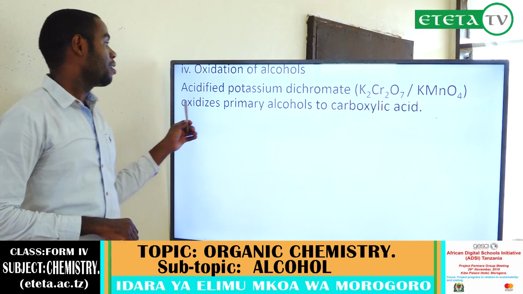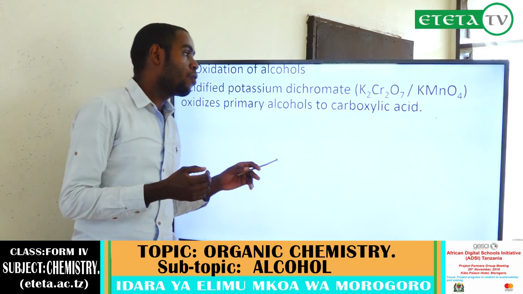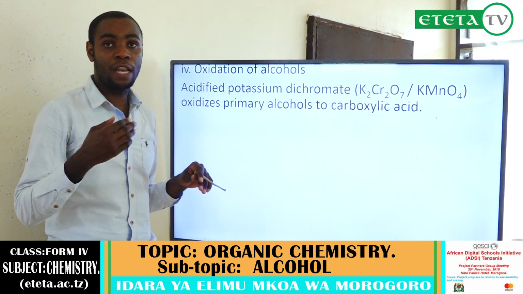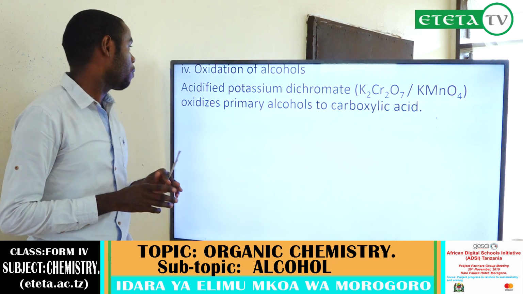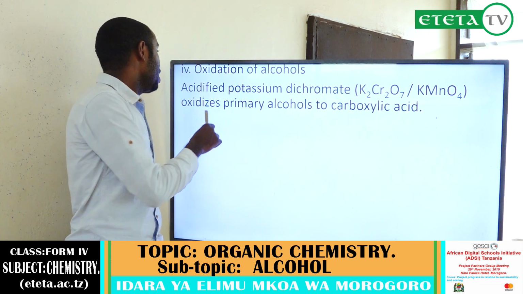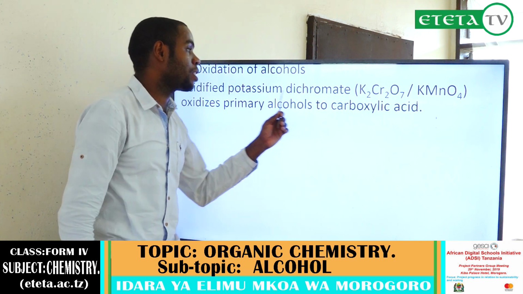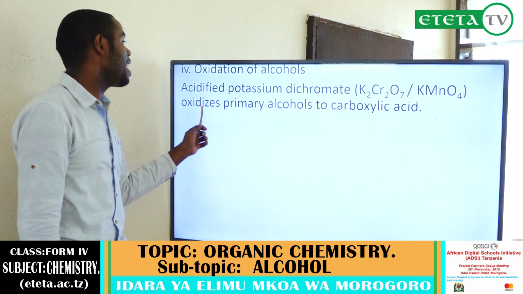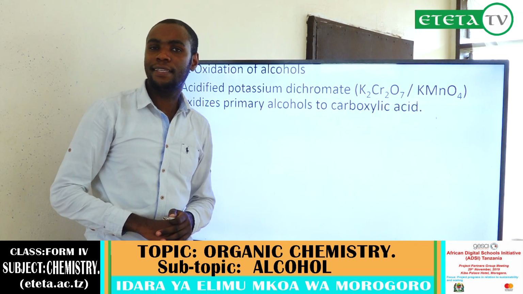So when you react these with an alcohol, different products will be produced depending on the class of alcohol. For example, acidified potassium dichromate or acidified potassium permanganate oxidizes primary alcohol to carboxylic acid.